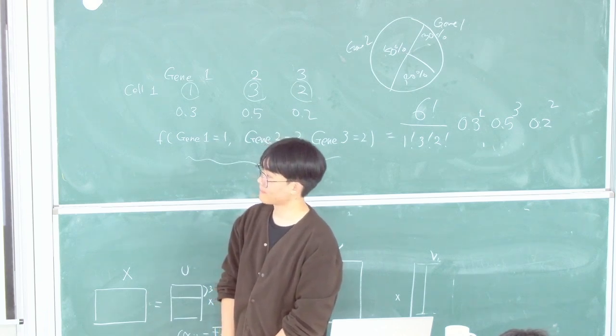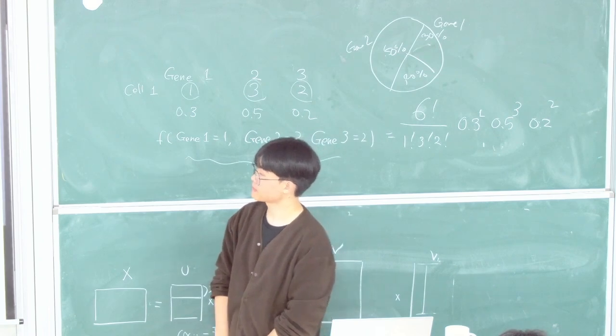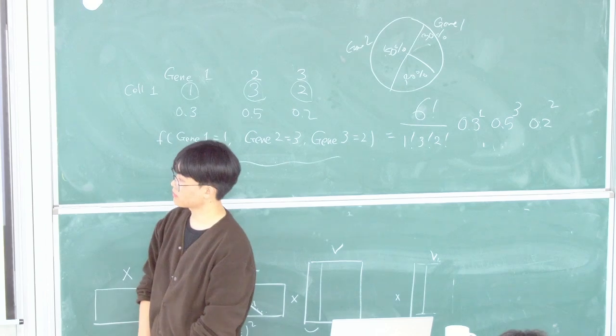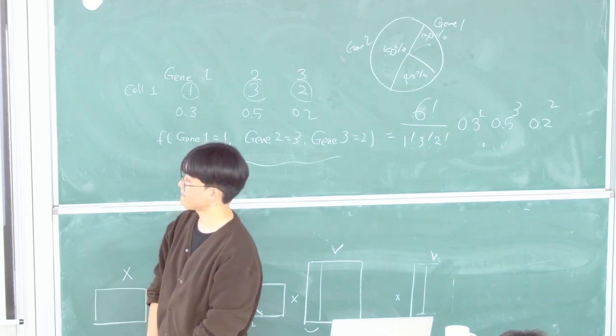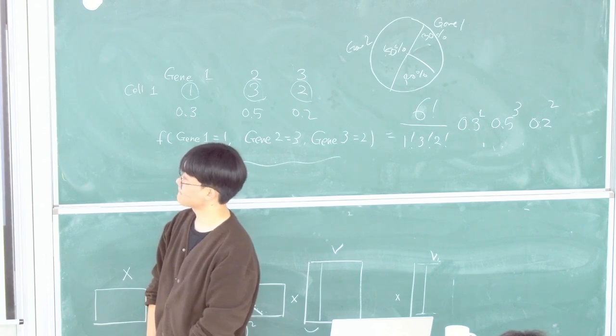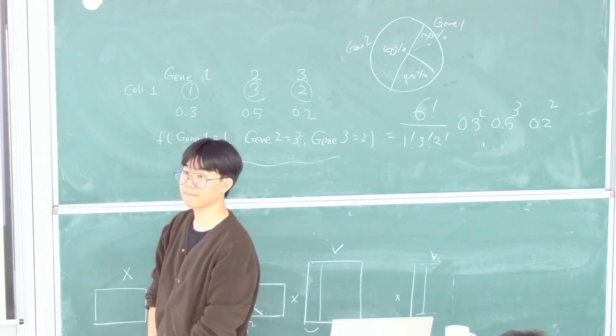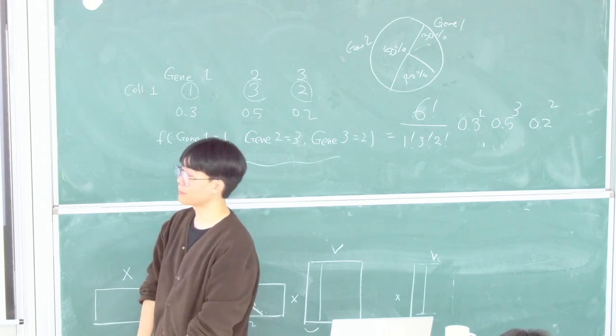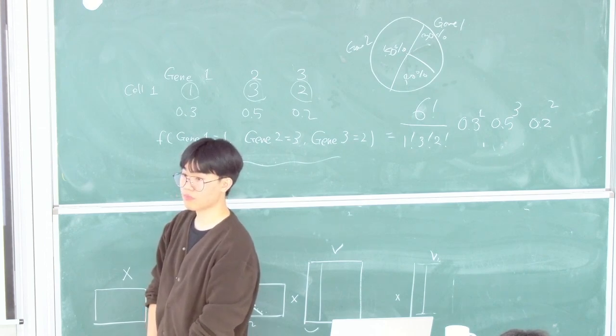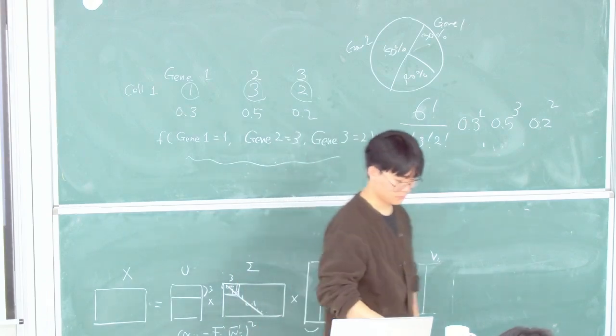Typically Ni is very large and pi ij is a small number, so Ni is a pretty large number. The pi ij is small, then you follow the Poisson distribution. Can you write down the Poisson distribution with your example?